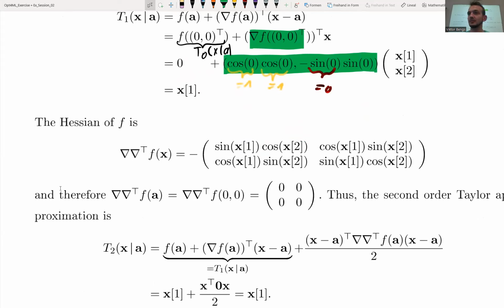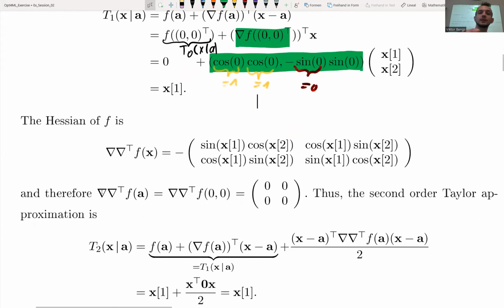It is also considering a quadratic term. Now, a quadratic term which is also taking into account the curvature of the function, which is more or less represented by the Hessian matrix, the second derivative of the function.